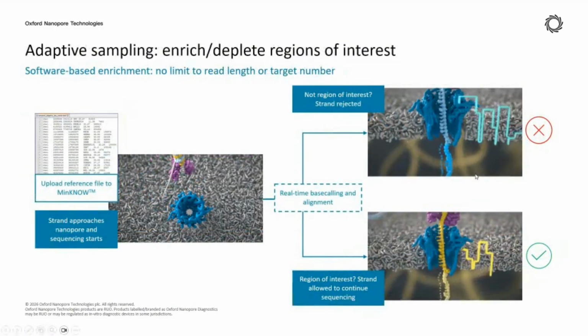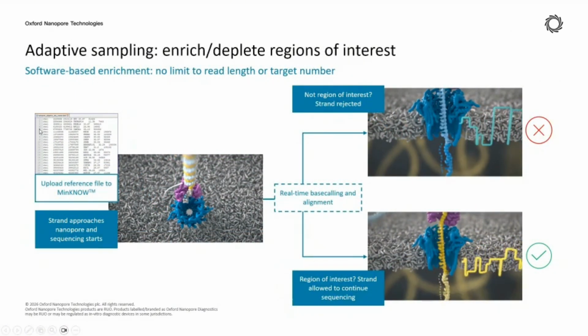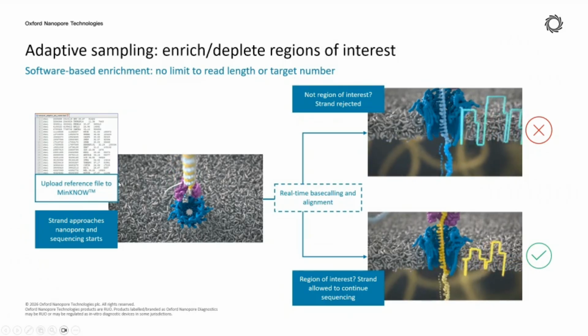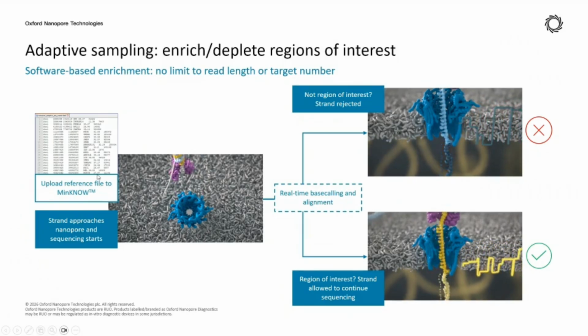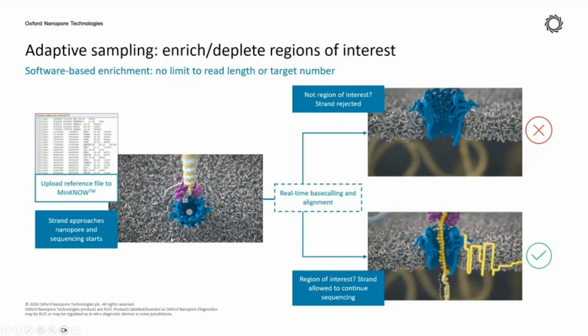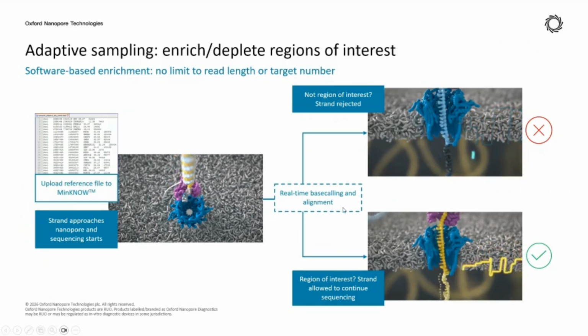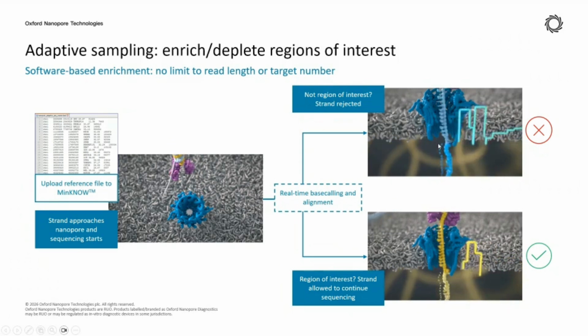So in more detail, it looks like this. Inside the software that is used to control the sequencing, we can provide information like what our targets are. During the sequencing process, the software will monitor the DNA molecule when it passes through the pores.